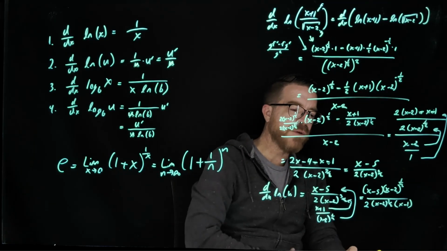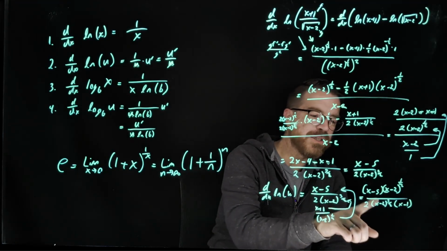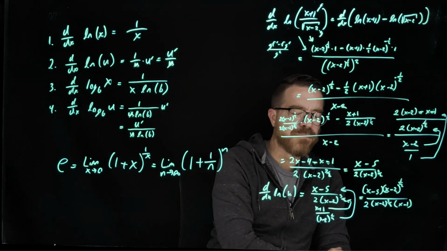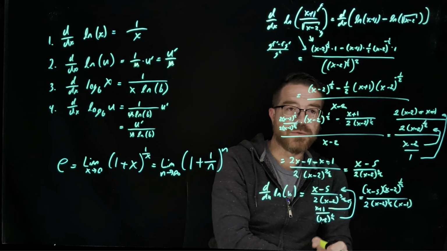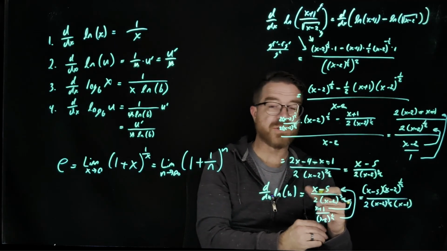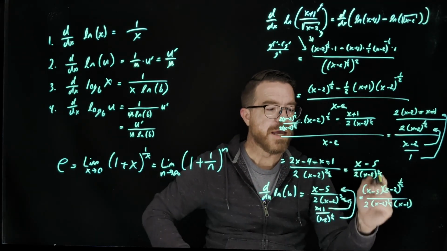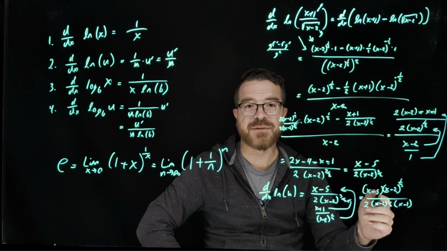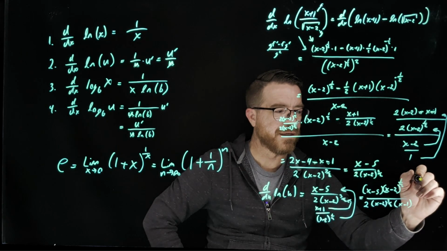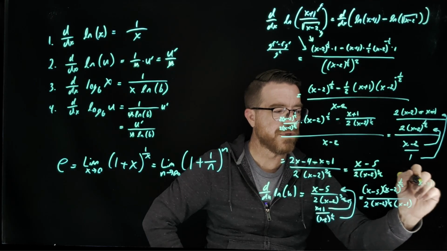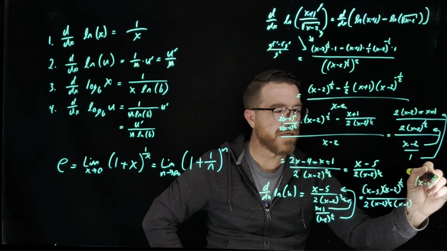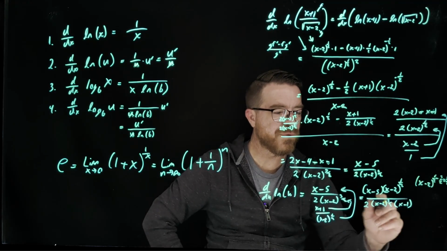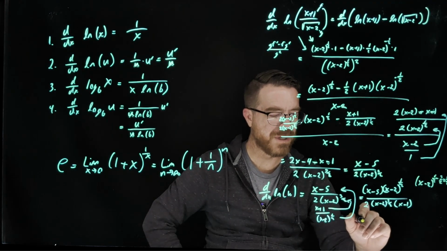Okay, so now if we look at this, we have (x - 2) to the 3 halves divided underneath by (x - 2) to the 1 half. So we could actually subtract these, right? So we would get the exponent 1 half minus 3 halves, which would leave us with 2 over 2.